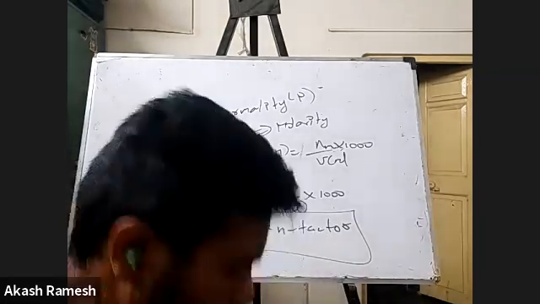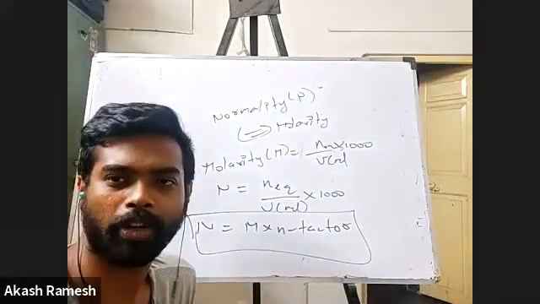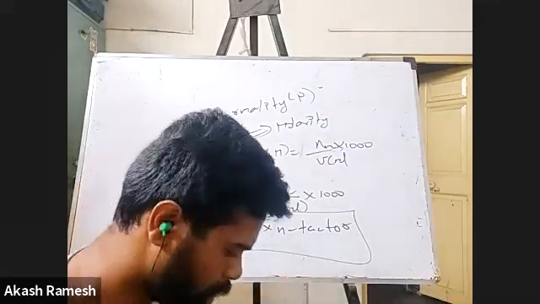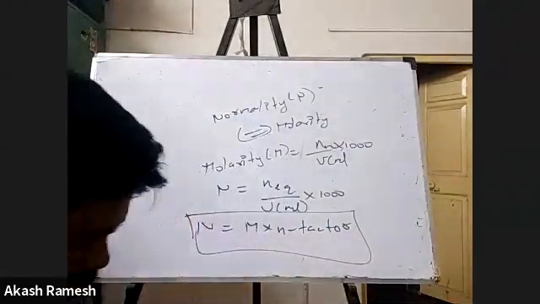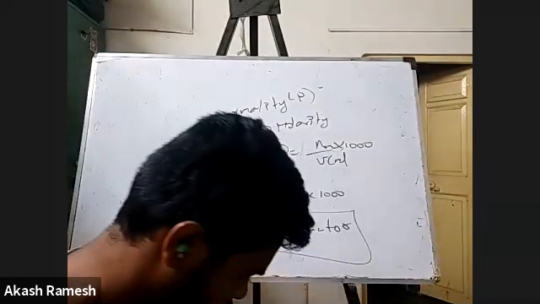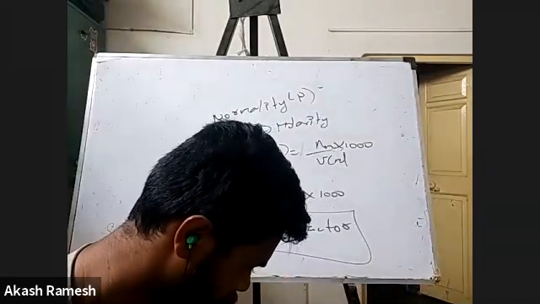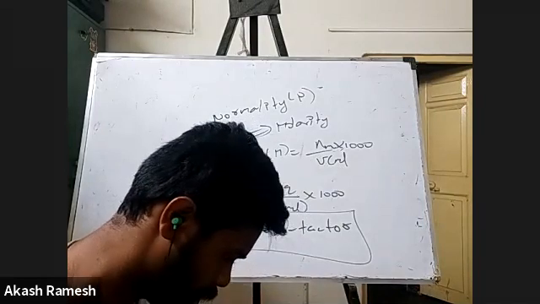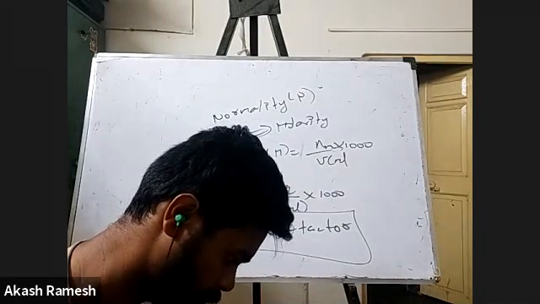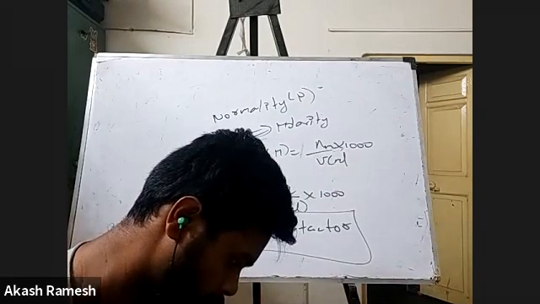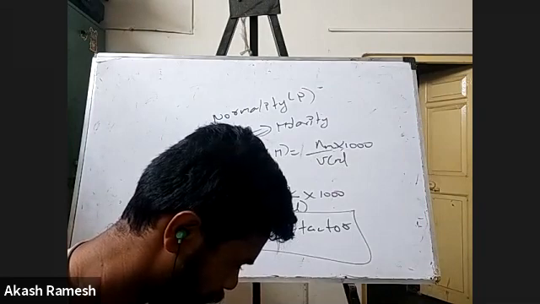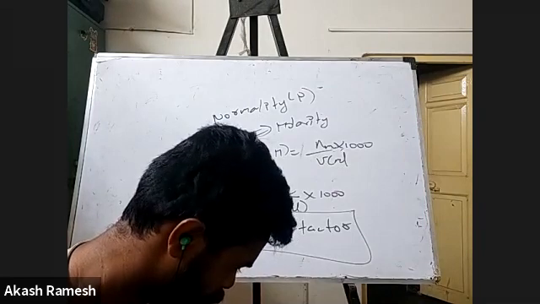I think if I do one problem, it will be sufficient, because we have already done so many problems in stoichiometry in terms of number of moles. So I don't want to spend so much time here. But here everything is given in terms of molarities and number of moles.